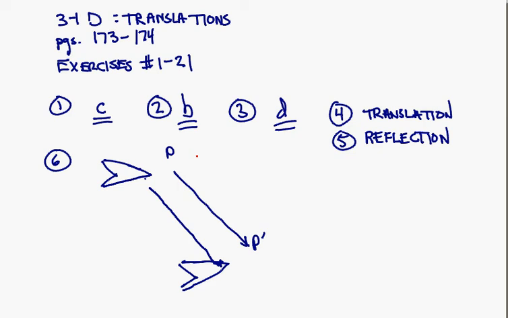Okay. All right. Number 7, it says for the translation with vector UV. Okay, here are the two boxes.